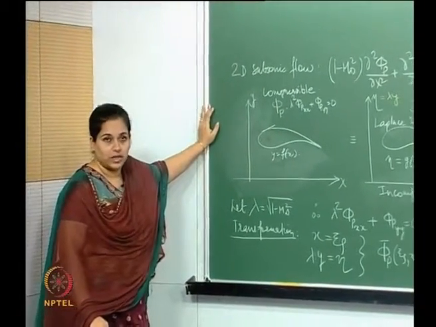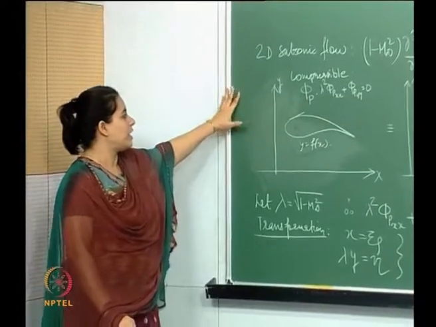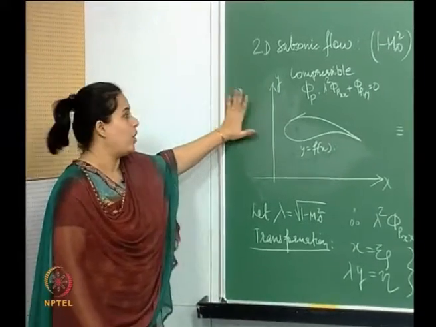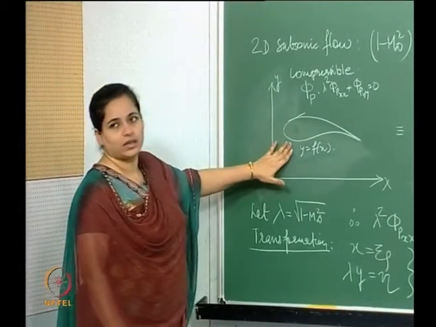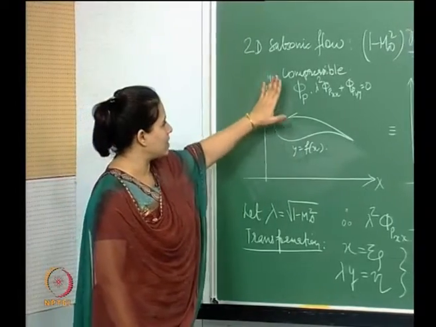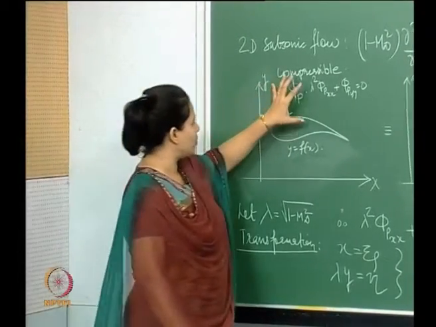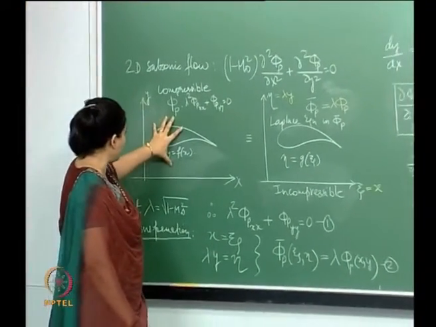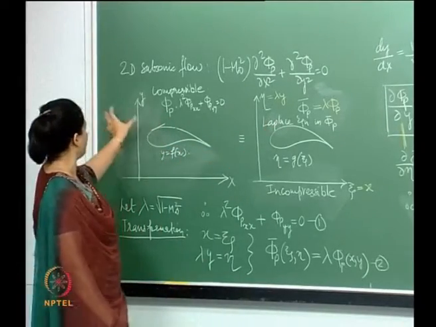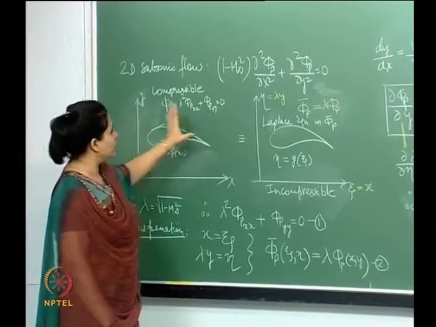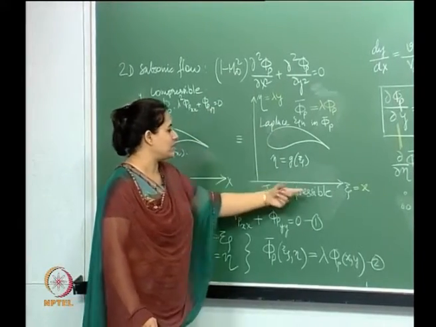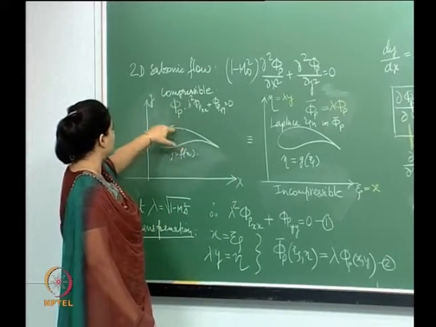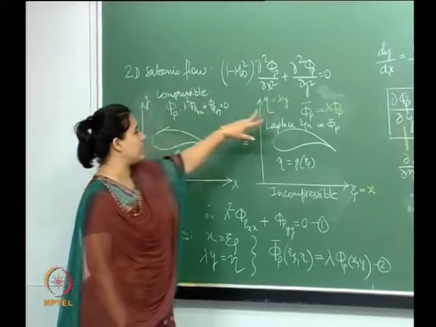Now, isn't that nice? So what we have done here is we've taken the original coordinate system, on which we have a body which looks like this, an airfoil, and it is a compressible flow, as a result of which the governing equation is this, right. So what we do is we take the same body which looks exactly the same, but transform these coordinates into eta and zeta in such a way that zeta is x and eta is lambda y, and the perturbation potential in the xy coordinate is phi p, here it is phi p bar.